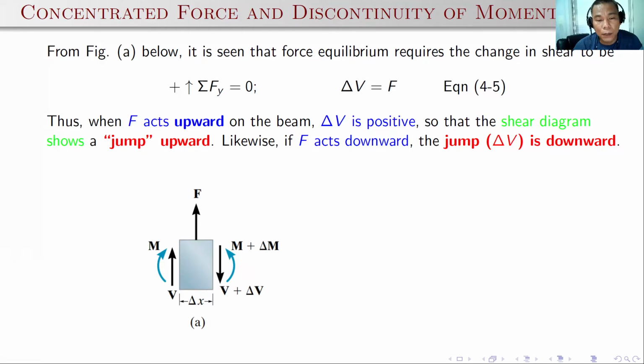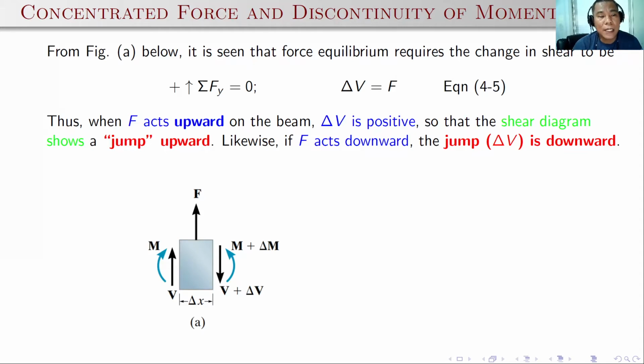From the figure, with the concentrated load applied, force equilibrium requires the change in shear, delta V, to be equal to F. So the change in shear is simply equal to the concentrated load F. Thus, when the force F acts upward on the beam, the change in shear is positive. Remember this one.